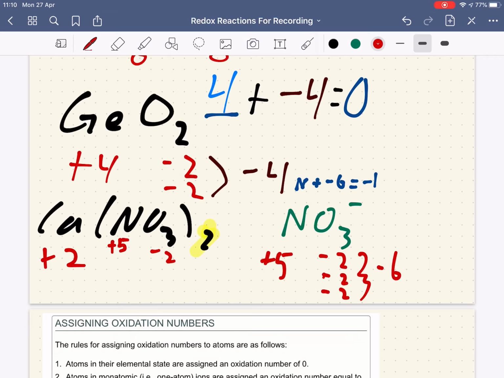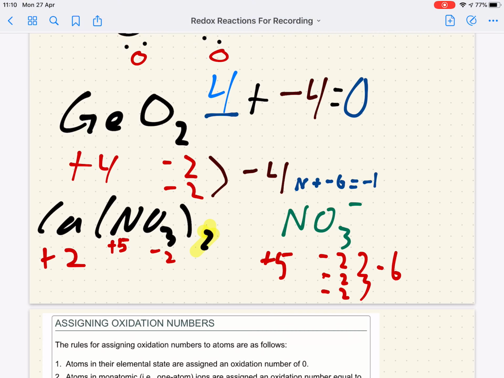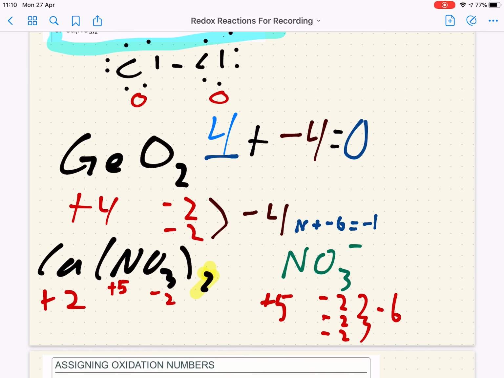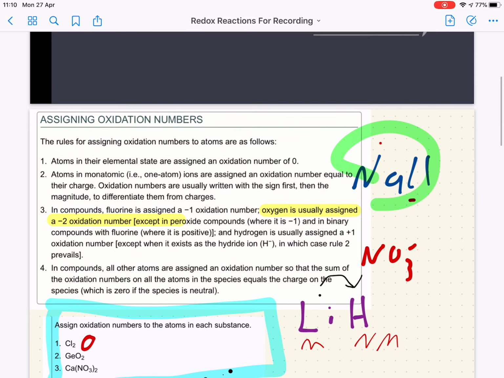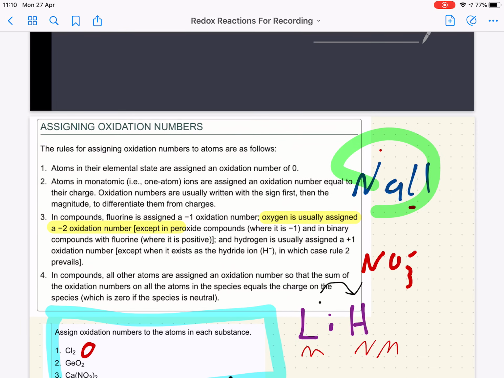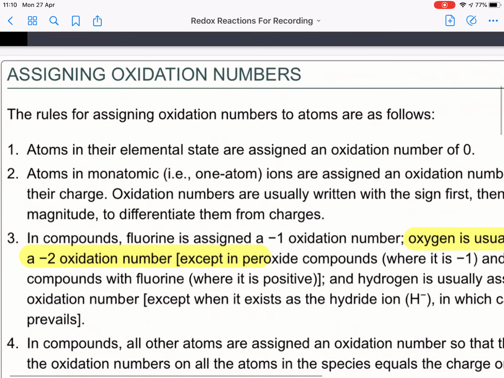Another way you could assign the calcium is you could recognize that nitrate is a polyatomic ion. If you do, then you'd recognize that calcium has got to be an ion too. It's a metal, it's a single metal atom, which puts the calcium alone in that monoatomic ion group.